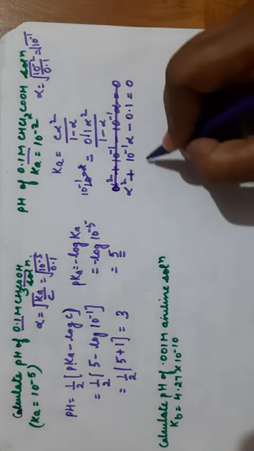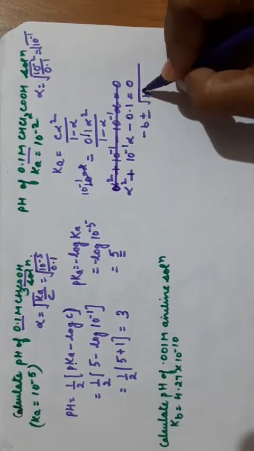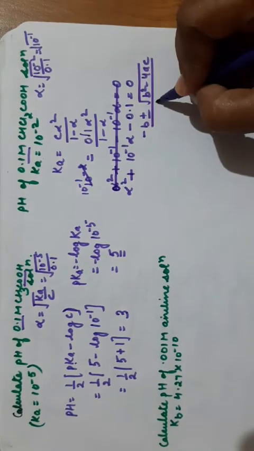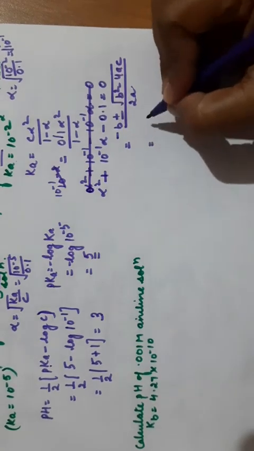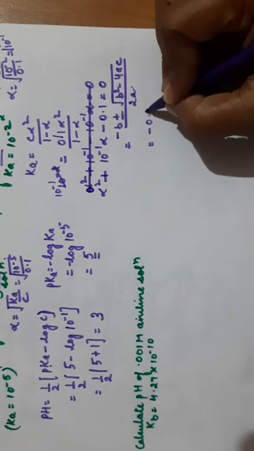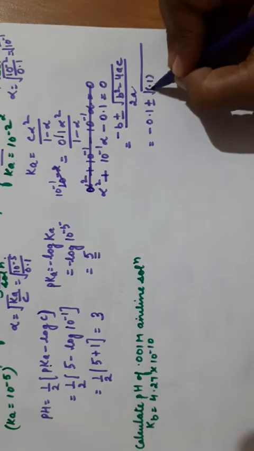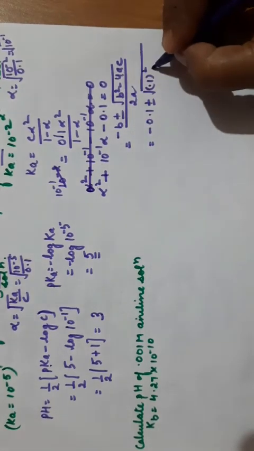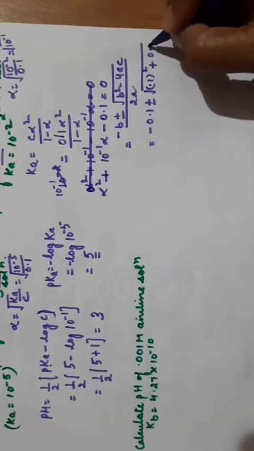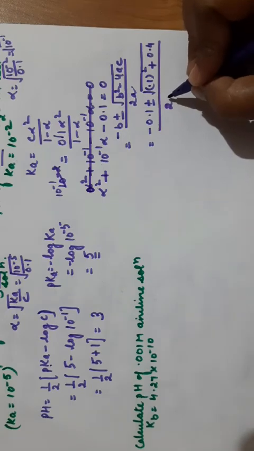So here we will use this equation, minus b plus minus under root b square minus 4ac upon 2a. So we will solve using this formula. Minus b is minus 0.1 plus minus b square, 0.1 square minus 4a into c plus 0.4, clear, upon 2 into 1.